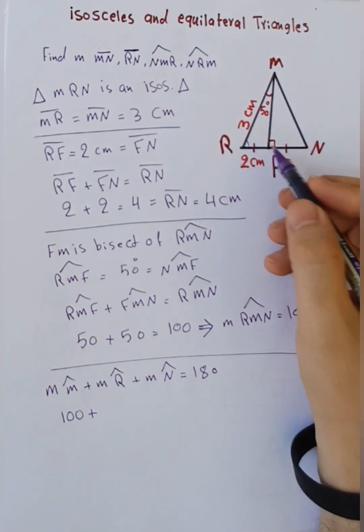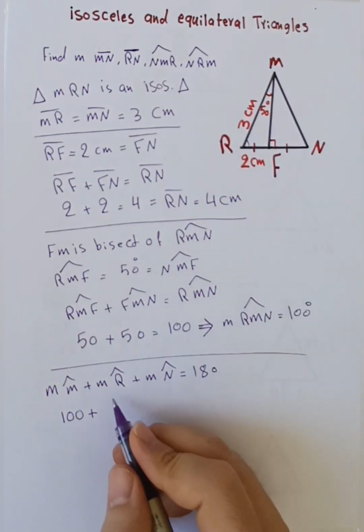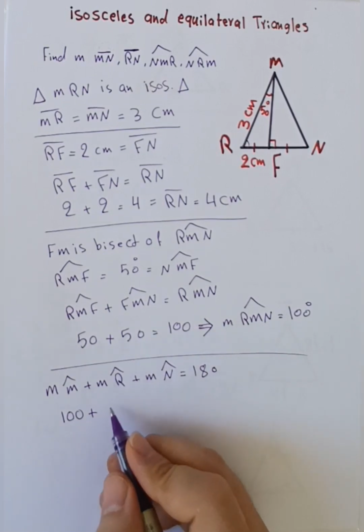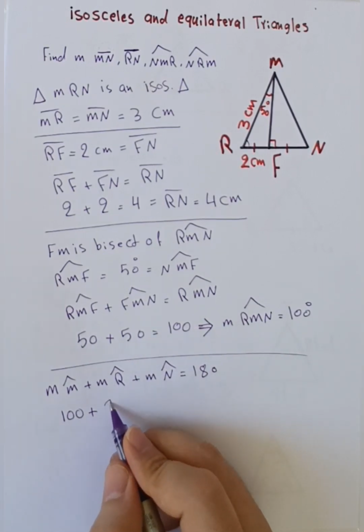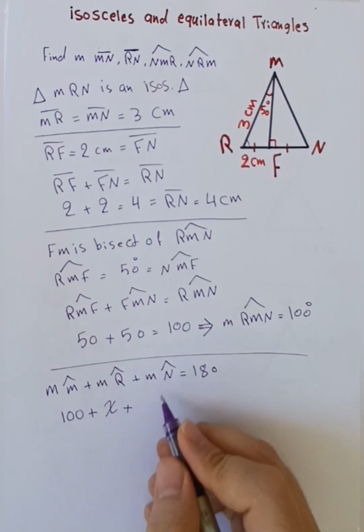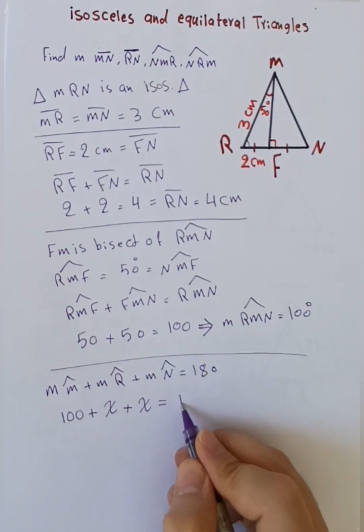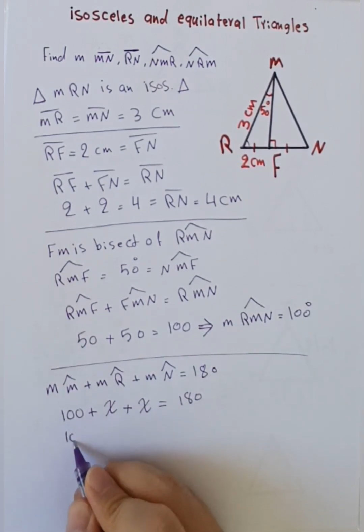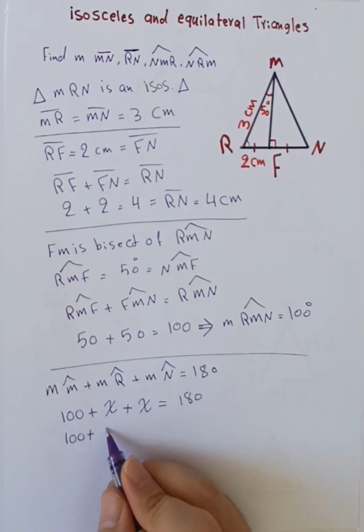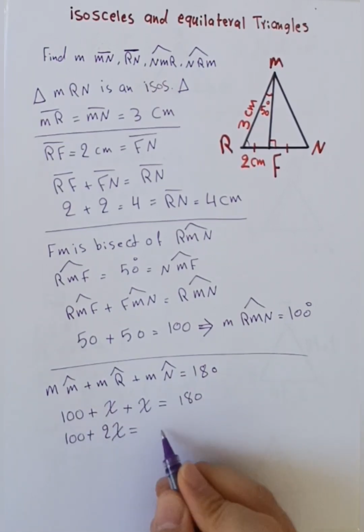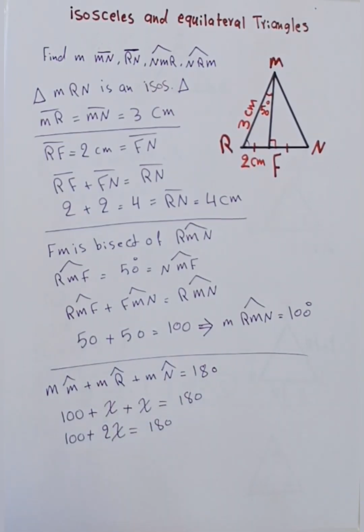So for the measure of R we can write x, and for the measure of N we can write x, equal to 180. So 100 plus x plus x equal to 180.